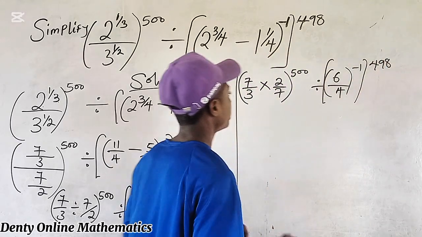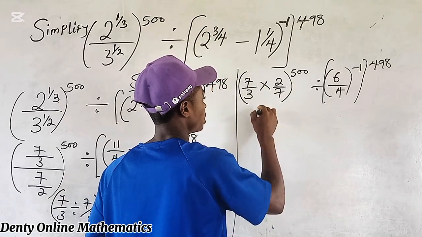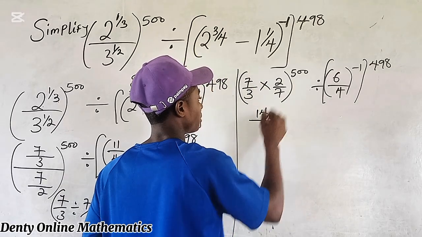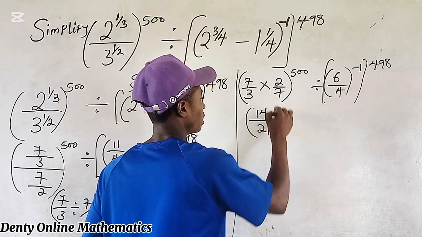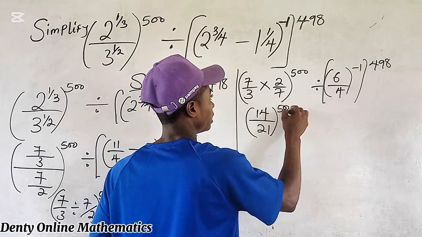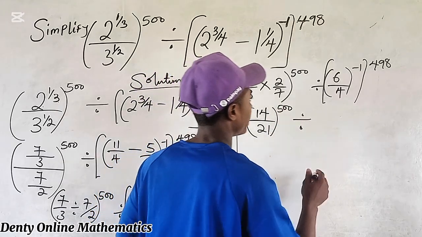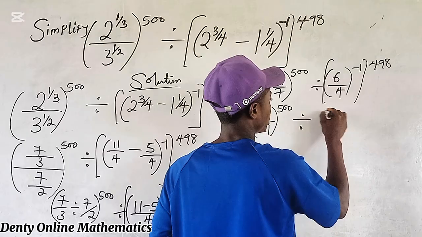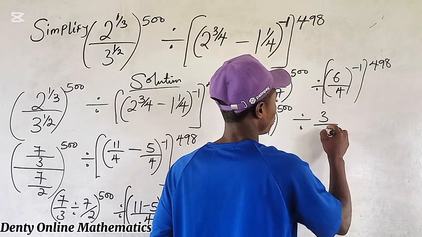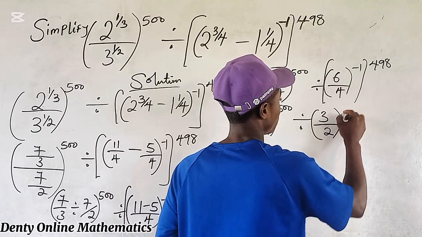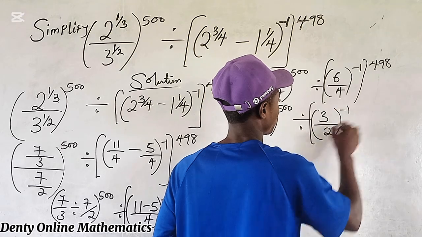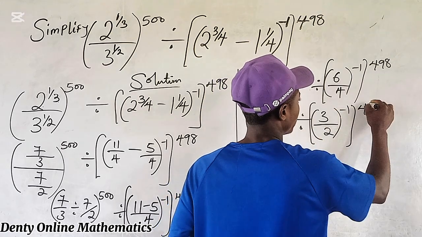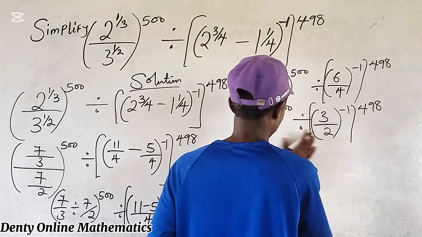Now 7 times 2 is 14, 3 times 7 is 21, raised to the power of 500, divided by, 2 will go into 6 3 times, 2 will go into 4 2 times, raised to the power of minus 1, multiplied by 498.